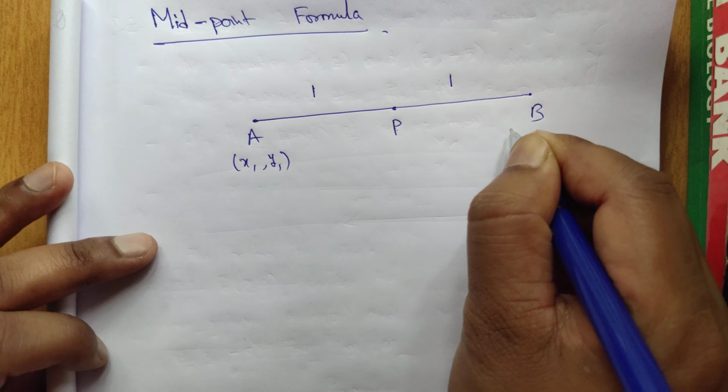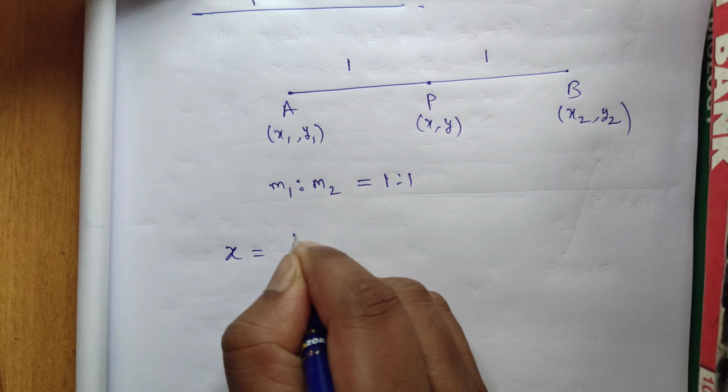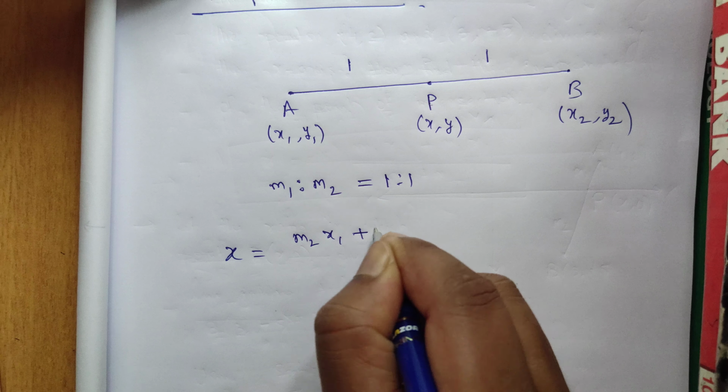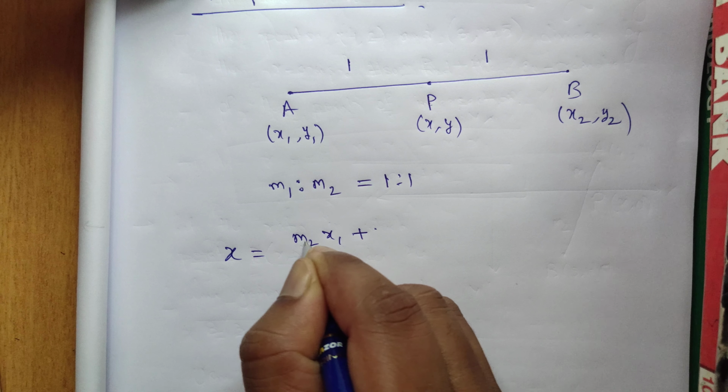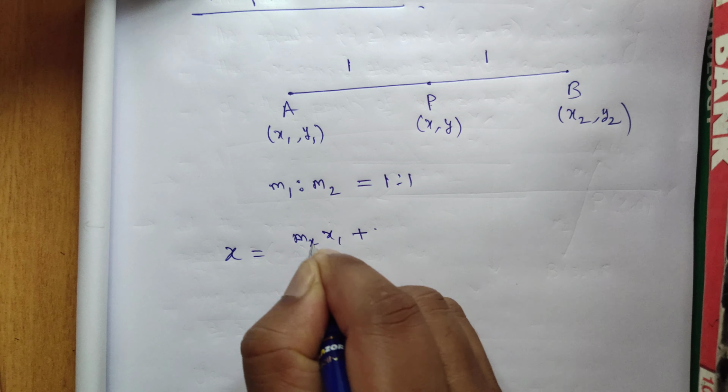Okay, so using section formula, what you can write, x is m1 x2 plus m2 x1 by m1 plus m2. So in place of m1 we are going to put 1, so 1 into x2 will become x2, 1 into x1 will become x1 by m1 is also 1, m2 is also 1, 1 plus 1, 2.